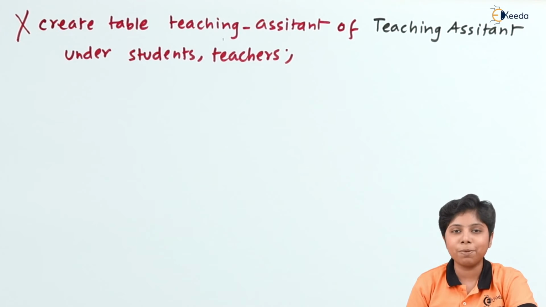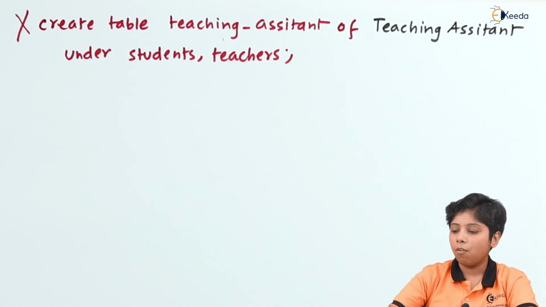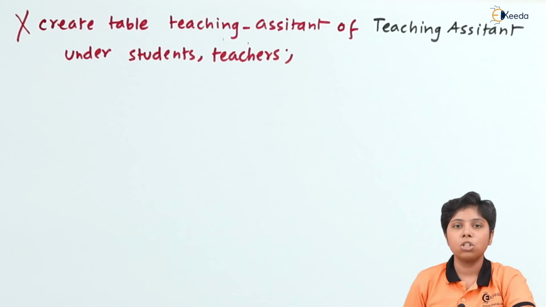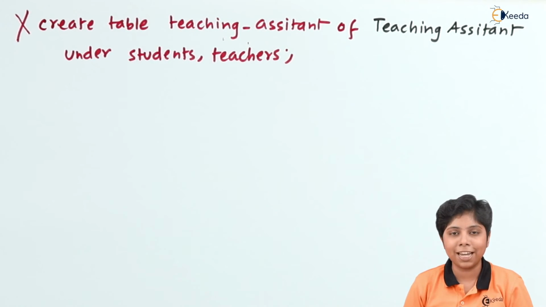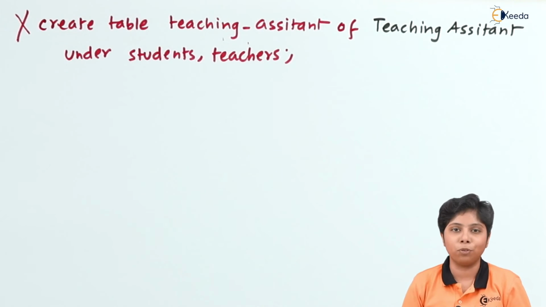So when a table is multiply inherited, what is the problem? It stops SQL from supporting multiple table inheritance. When teaching assistant is inherited from students and teachers, all the teaching assistant tuples will implicitly be present in both students and teachers. So it will create redundant information on a teaching assistant.